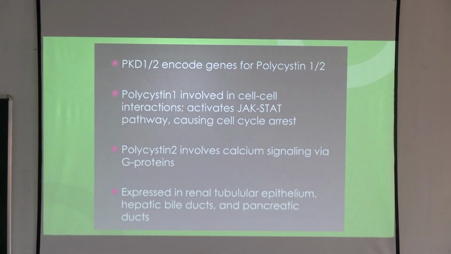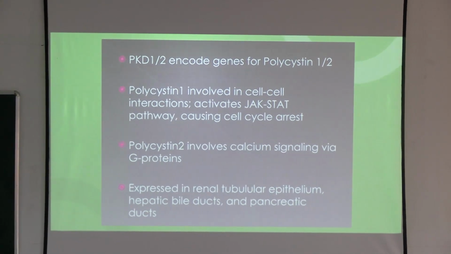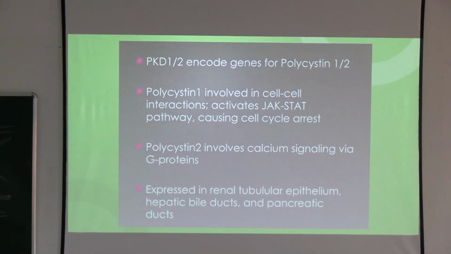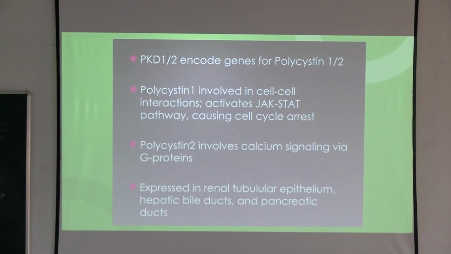Polycystin 2 involves calcium signaling via G protein. So polycystin 2 is a G protein coupled calcium channel receptor. Okay, so polycystin 1 activates the JAK-STAT pathway, that is a cell cycle protein, and polycystin 2 involves calcium signaling via G proteins, and both polycystin 1 and polycystin 2 are expressed in renal tubular epithelium as well as hepatic bile duct and pancreatic duct.